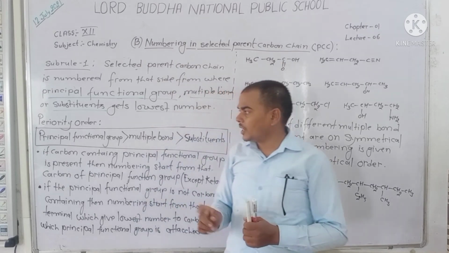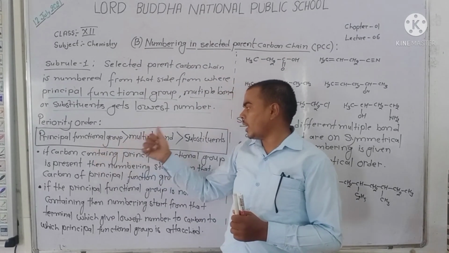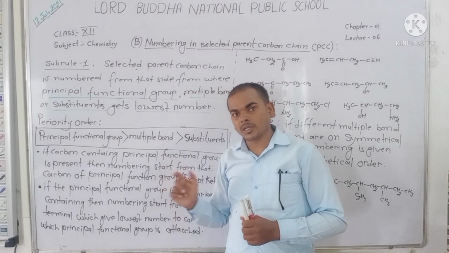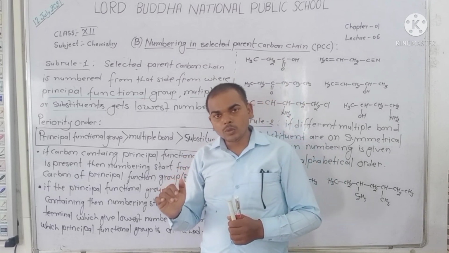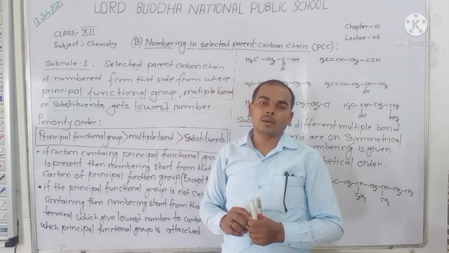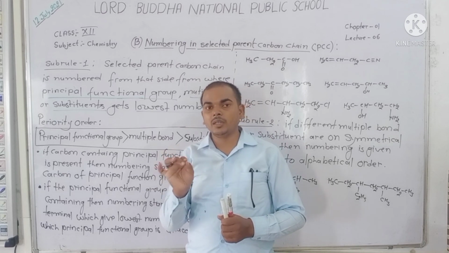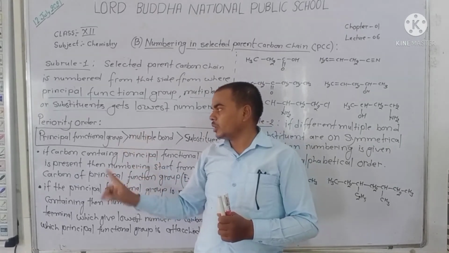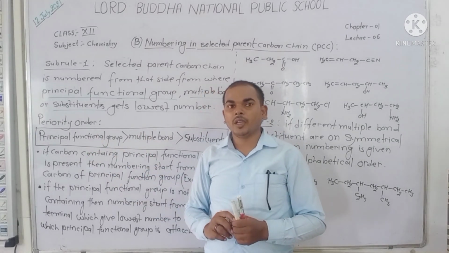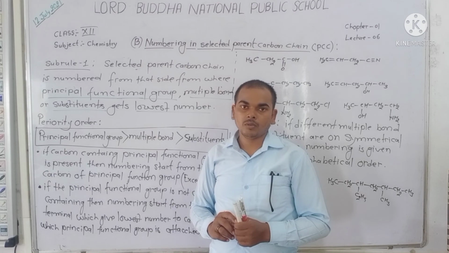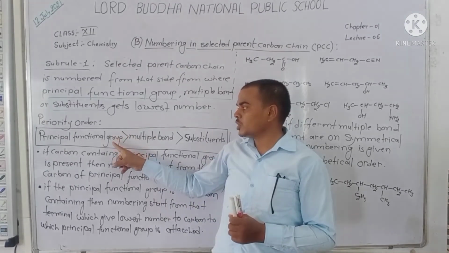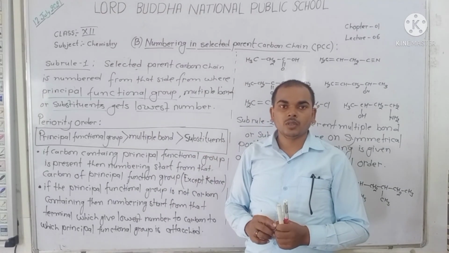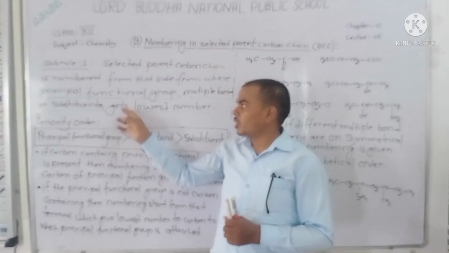But if principal function group and substituents are present, you count the carbons in the selected PCC from where the principal function group gets the lowest position, because principal function group has more priority than substituents. I think you understand the sub-rule.